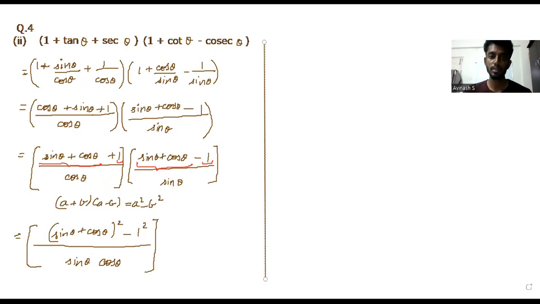Now what you do is, we will try to expand sin theta plus cos theta the whole square, which will become A plus B whole square, which is A square plus B square plus 2AB. This is the expansion of this green color term.